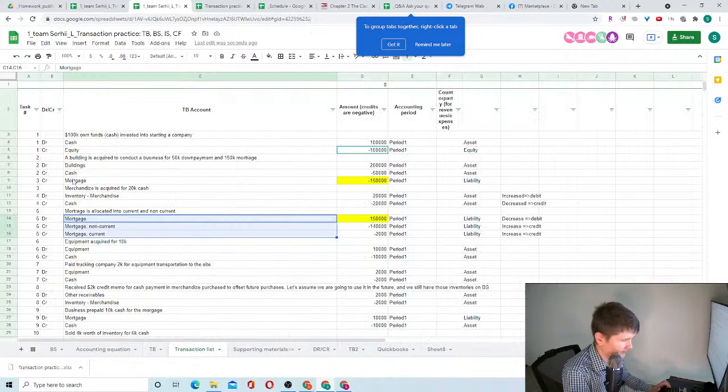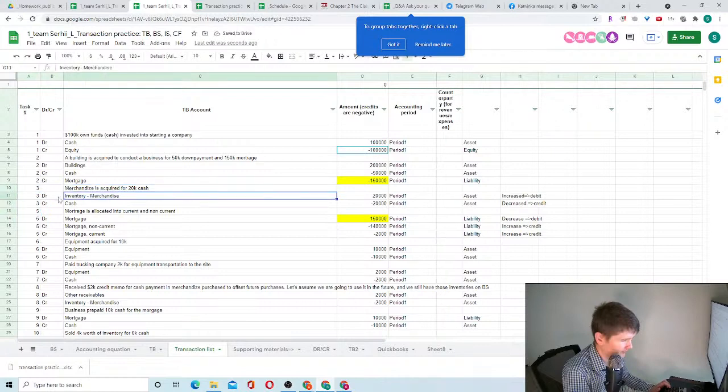Okay, now sort this transaction. Okay, this should be number 2, 3. Okay, I kind of messed up. Inventory merchandise and cash is already here.